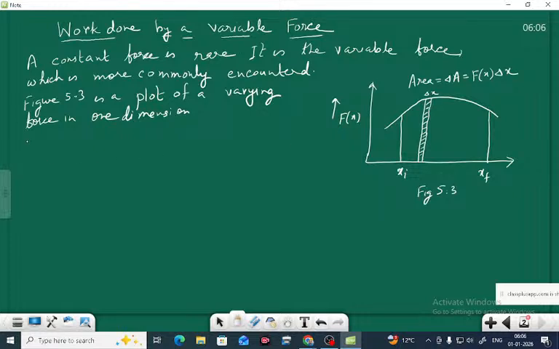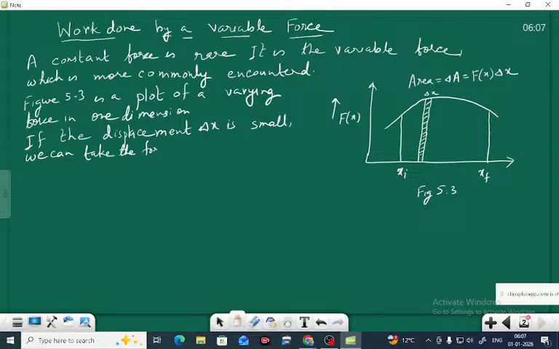If the displacement del x is small, we can take the force Fx as approximately constant.